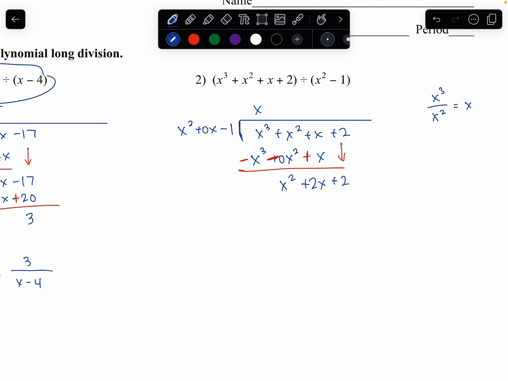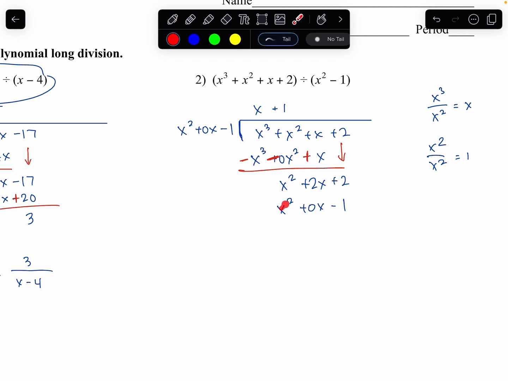And I'm going to repeat the process. So x squared divided by x squared, that's going to be equal to 1. So I'm going to put that right here as plus 1, and then I'm going to multiply. Well, if I multiply 1 by this polynomial, it's going to be x squared plus 0x minus 1.